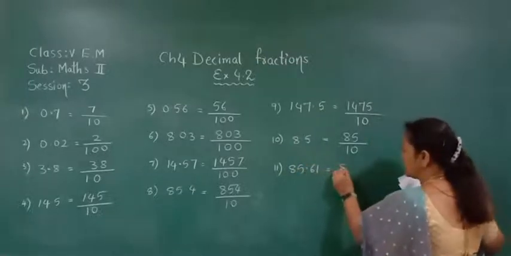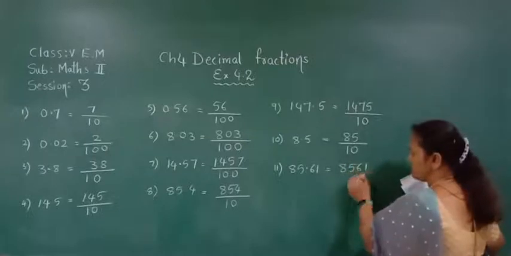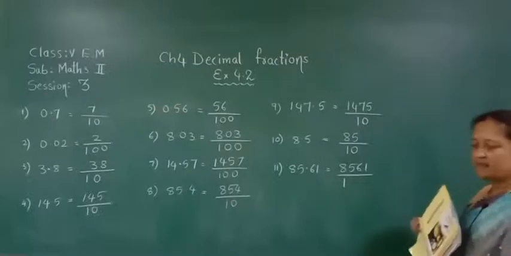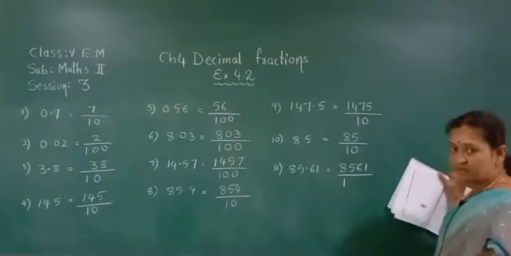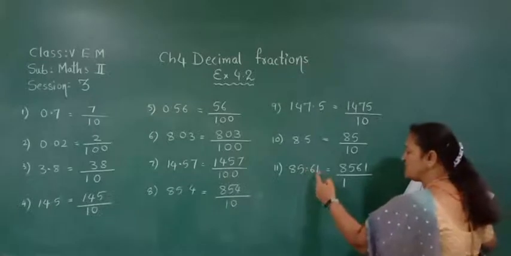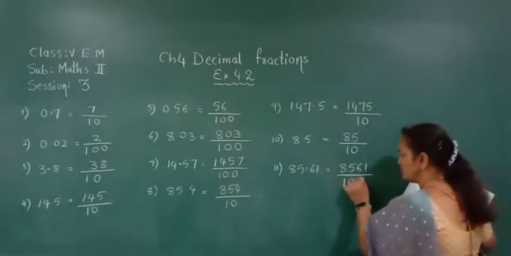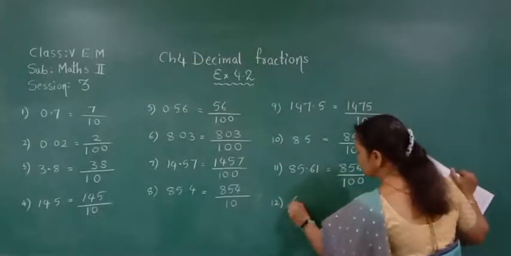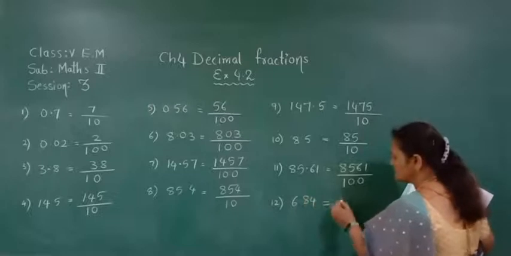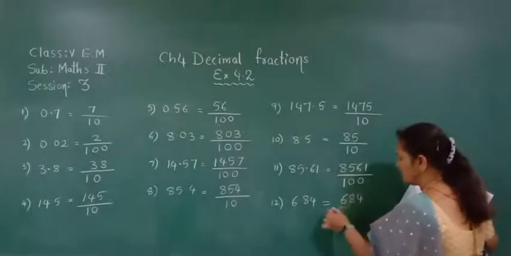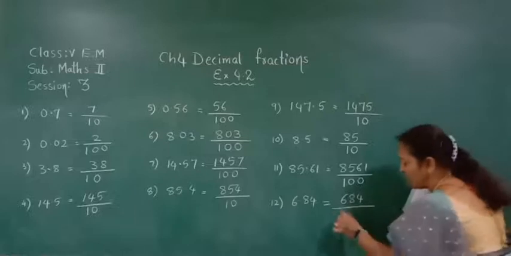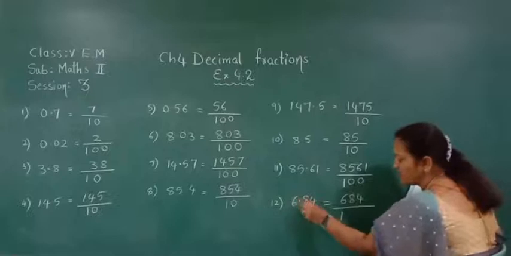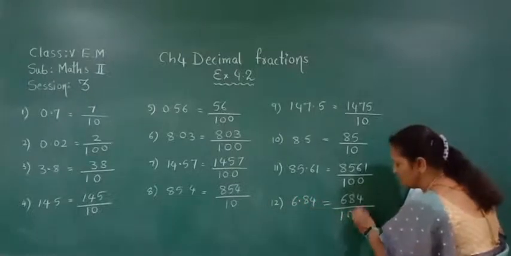Then here write 8561 divided by, write 1. Then after decimal, how many numbers are there? After decimal we have 2 numbers. So write 2 zeros. Then 12th one, it is 6.84. So write 684 together. Draw one line again, and in denominator, how many digits do we have to add? After decimal we have 2 digits, so add 2 zeros.